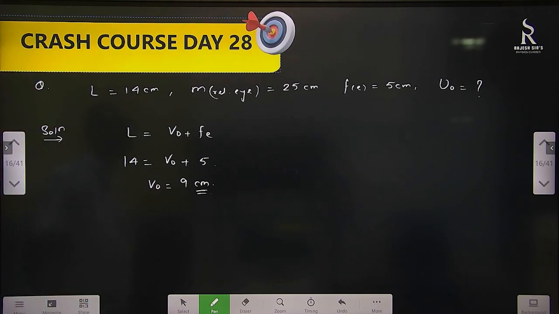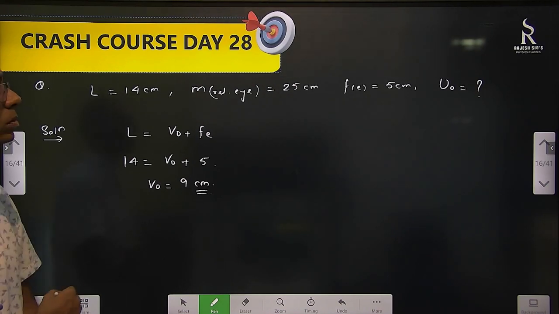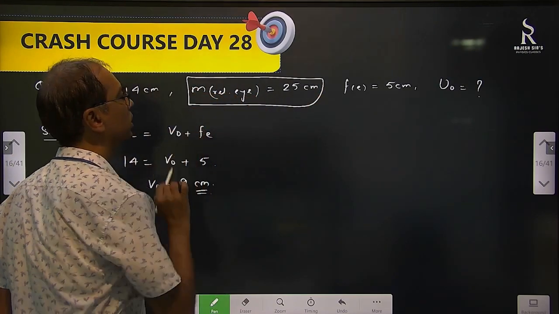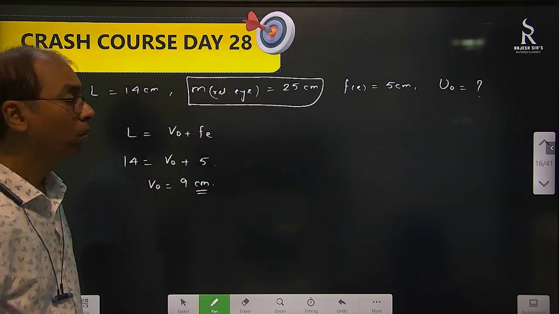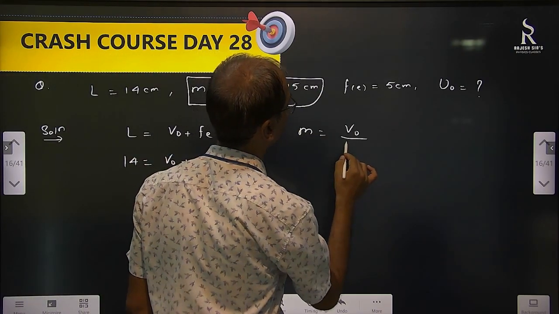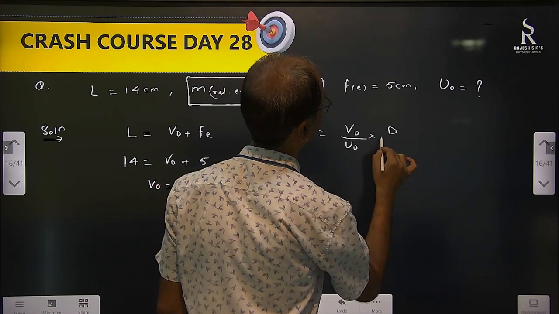Now what question is asking us? UO. Can we do it now? For getting UO, I require FO also. So what to do? For that only, the magnification is given to us. Magnification is V naught by U naught into D by FE.